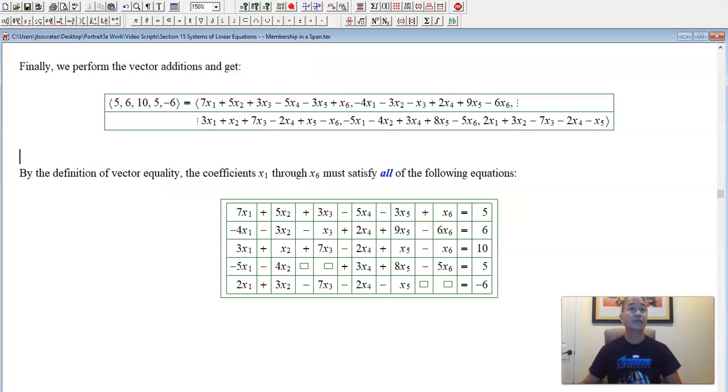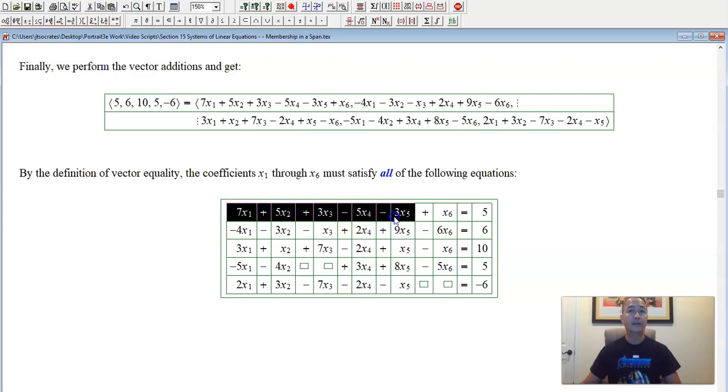Now, because we have this vector equation, we know that the first component on the left should be equal to the first component on the right. So that means that 7x1 plus 5x2 plus 3x3 minus 5x4 minus 3x5 plus x6 has to be equal to the first component, which is 5.